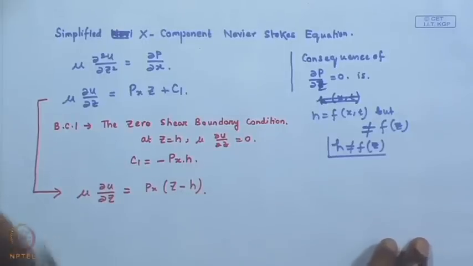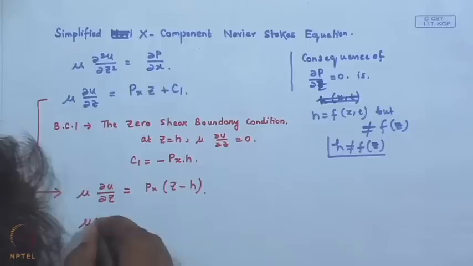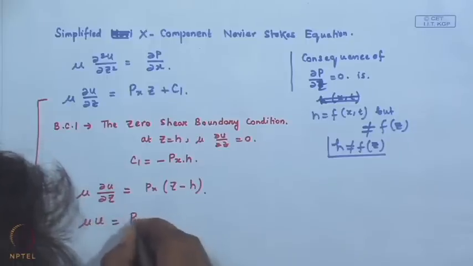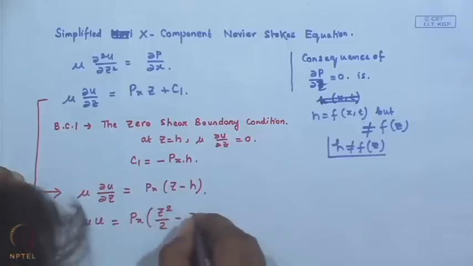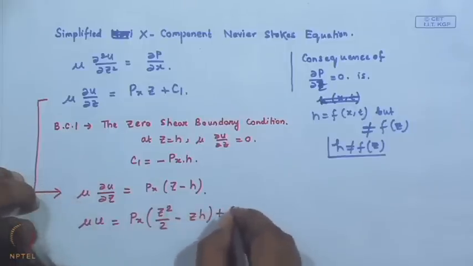You integrate it further, we get mu into u is equal to p x into z square by 2 minus z h, plus c 2.